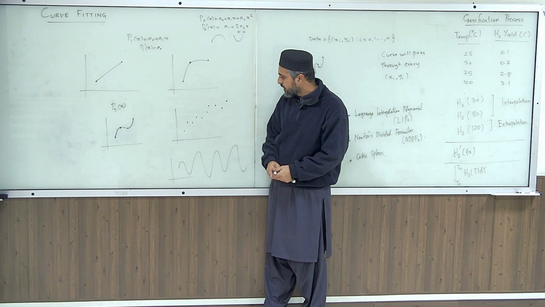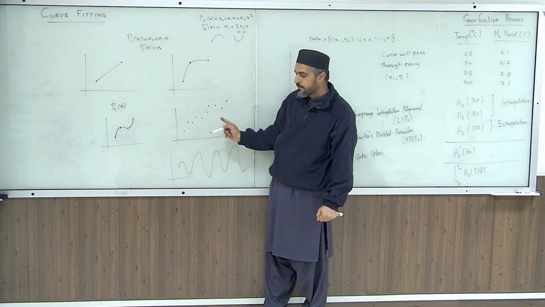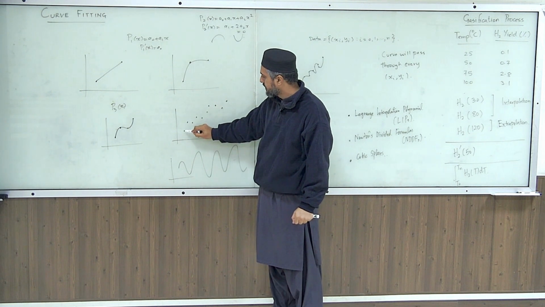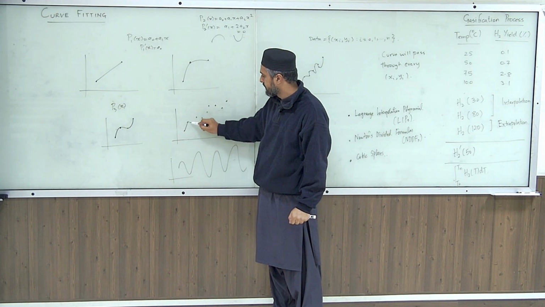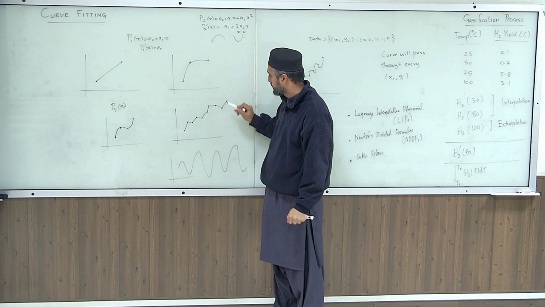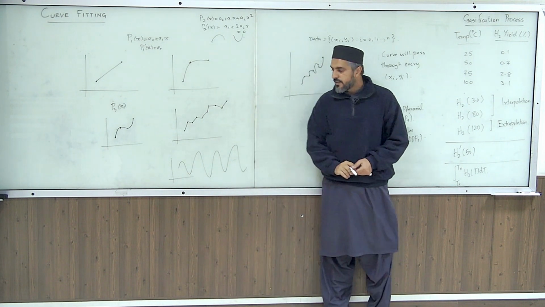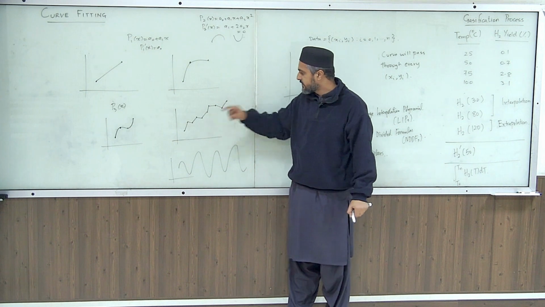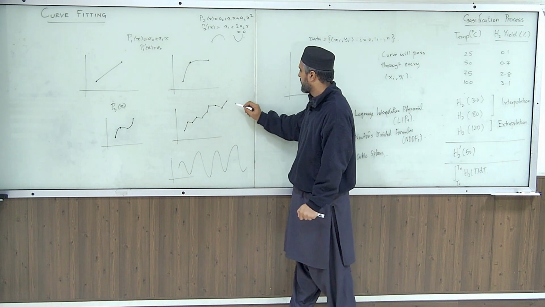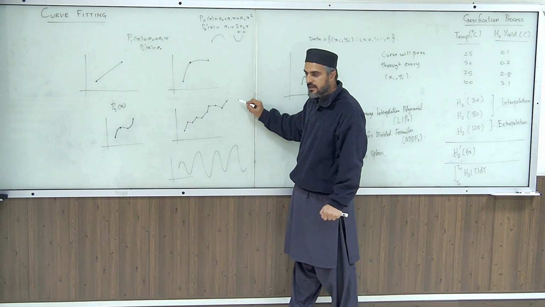So what we can do is, for many points, maybe I can fit linear lines to connect these points. If I just use linear lines, these small lines are called splines.